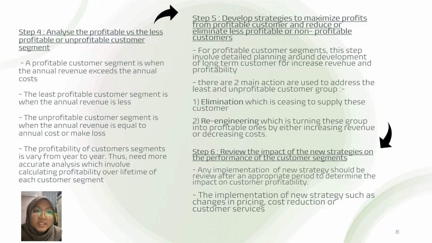There are two main actions used to address least profitable and unprofitable customer groups. First, elimination, and second, re-engineering. Elimination, which is ceasing to supply this customer. Okay, this can be done by no longer marketing to this customer, or changing the product or services so that it is no longer suitable or isn't priced right.